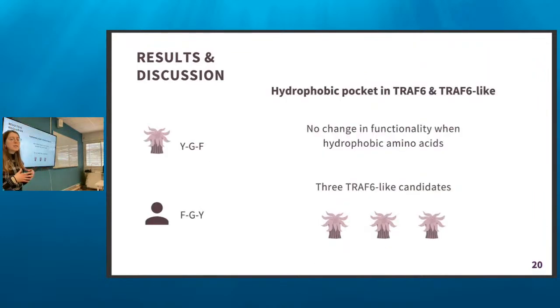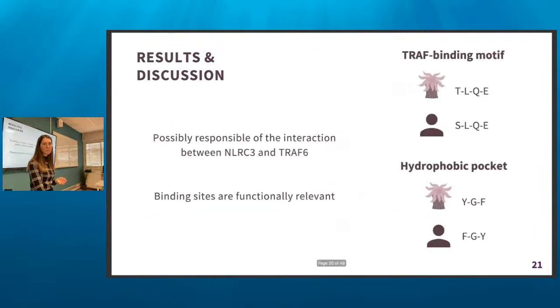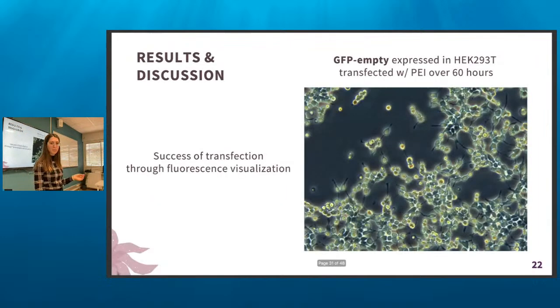The order, though, doesn't change the functionality of the site, as long as these amino acids are hydrophobic. Based on these results, there are three TRAF6-like candidates that can be possible homologous to TRAF6 in human. So the TRAF binding motif and the hydrophobic pocket could possibly be responsible for the interaction between NLRC3 and TRAF6 in human. Several studies, in fact, have shown that these binding sites are functionally relevant.